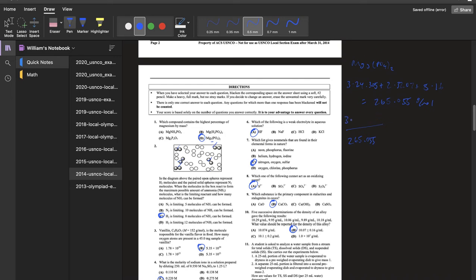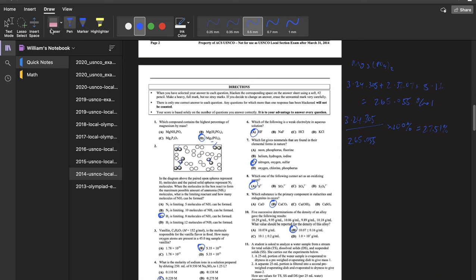And then in the numerator, we're going to have 3 times 24.305, because that's how much mass is contributed by just the magnesiums, times 100% is equal to 27.51%. And obviously that's the highest, so we chose D.